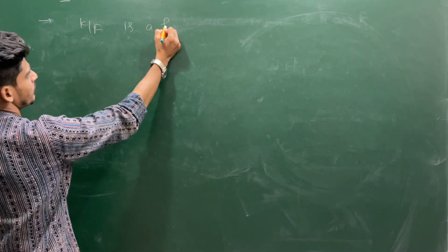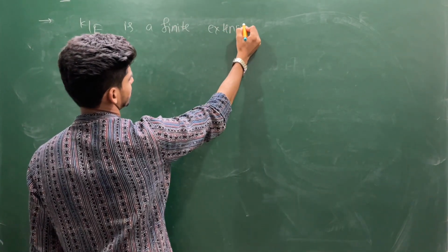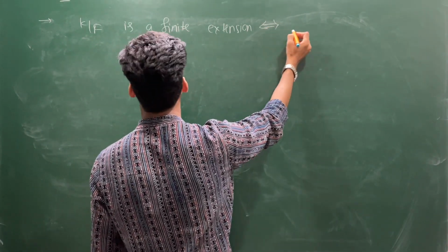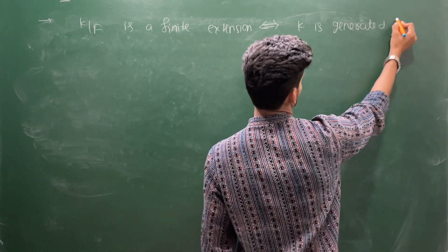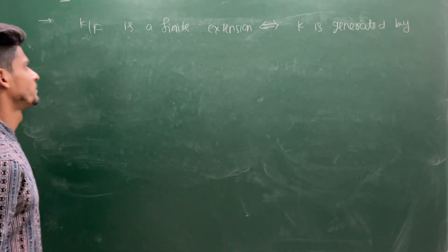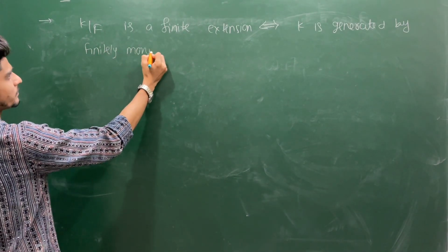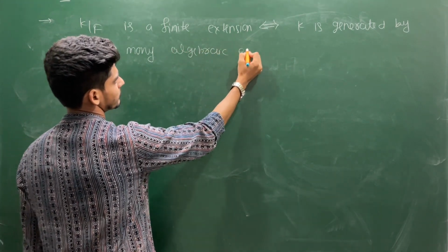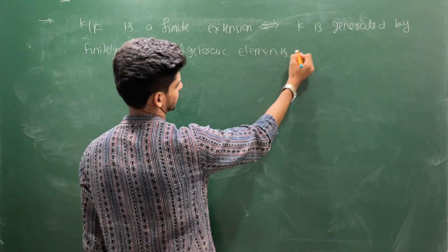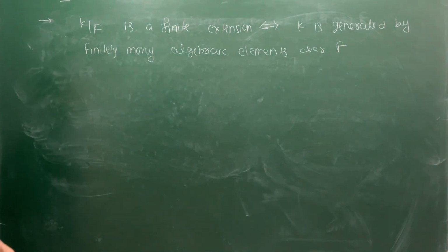Let K be an extension of F. I am saying this K over F is a finite extension if and only if K is generated by finitely many algebraic elements over F. So this is a very nice property.